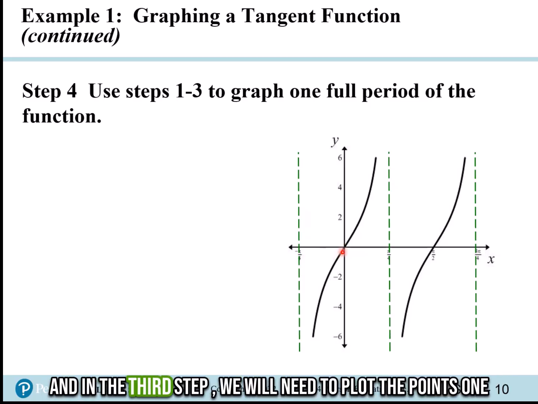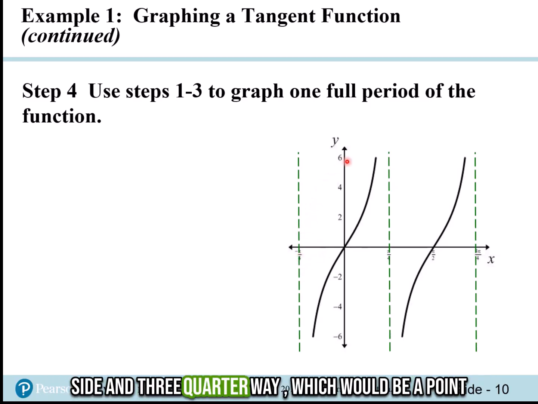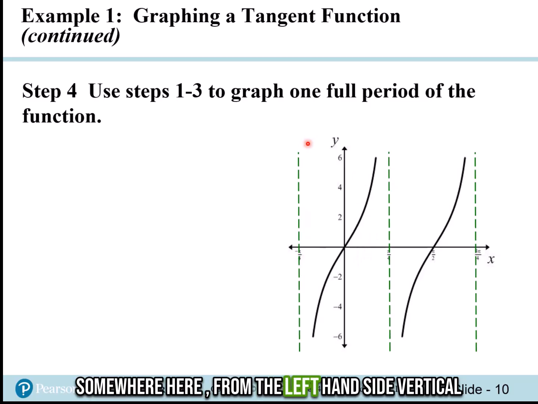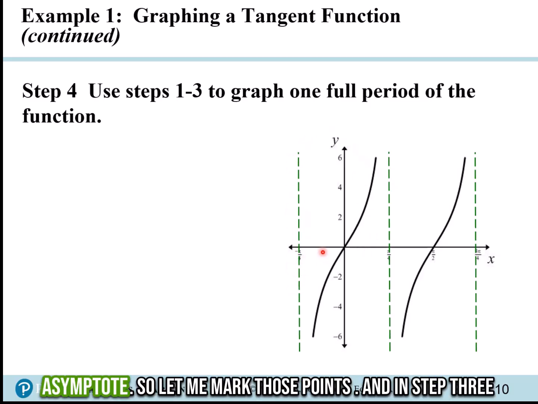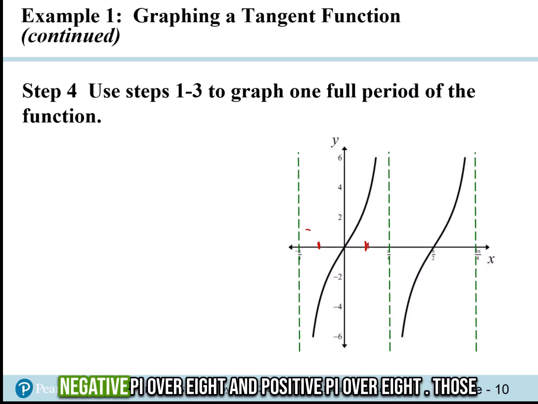This is where the x-intercept of the tangent function graph lies. And in the third step, we will need to plot the points 1/4 way from the vertical asymptote on the left-hand side and 3/4 way from the left-hand side vertical asymptote. So let me mark those points. And in step 3 of our process, we found that the x values would be -pi/8 and +pi/8.